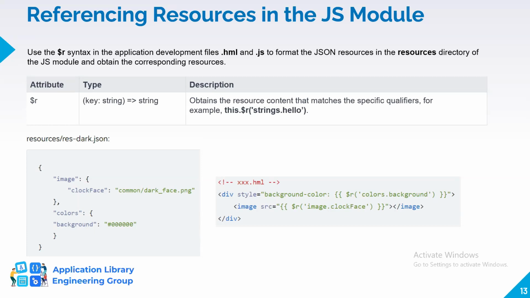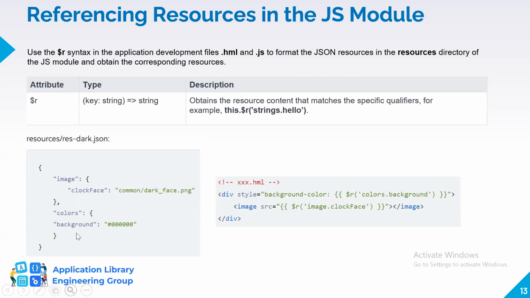And also based on screen density, you can define the files. Screen density means HDPI, XHDPI, MDPI. Based on the density, if you want to refer to different resources, then you can update them in these JSON files.